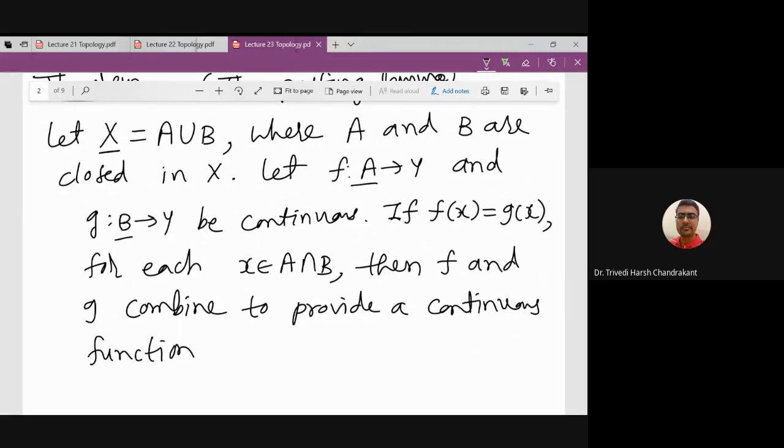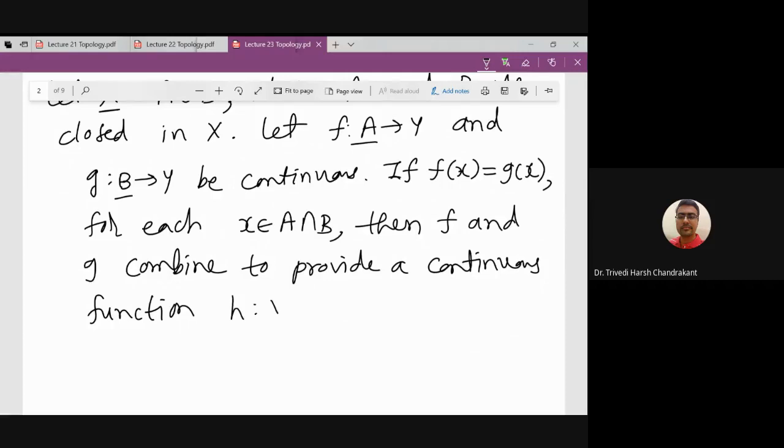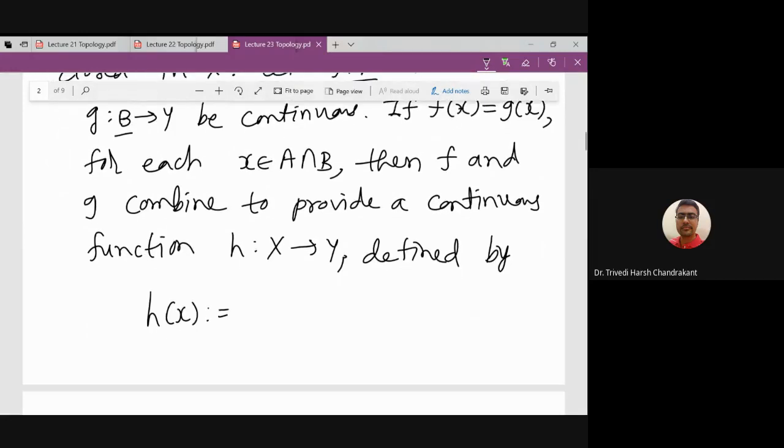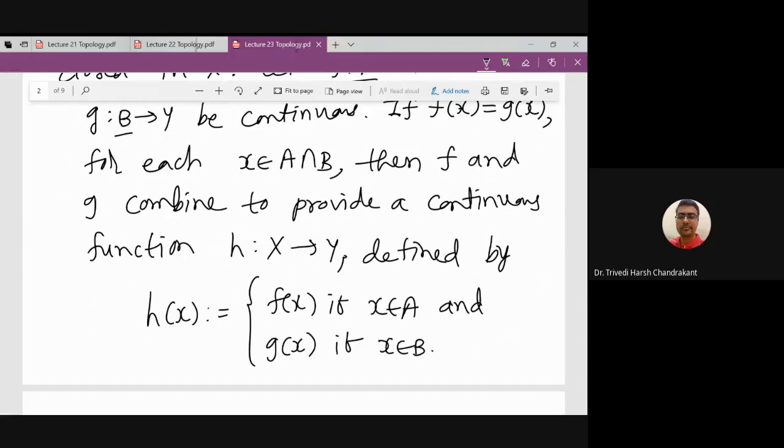We can write this continuous function as a new function H from X to Y, defined by Hx equal to Fx if x is an element of A and Gx if x is an element of B. So the proof is simple, and after that we will see some examples of where we can use this theorem.